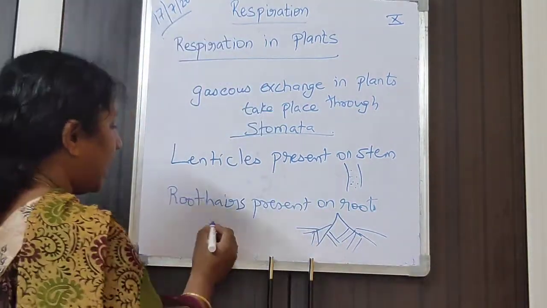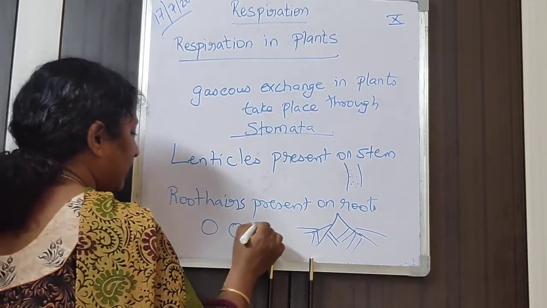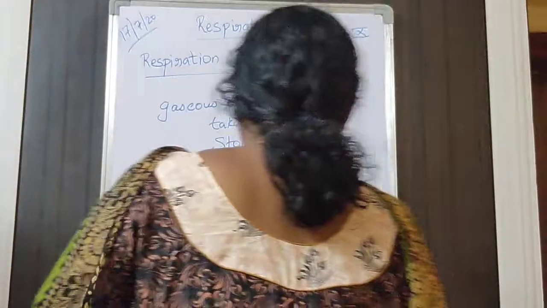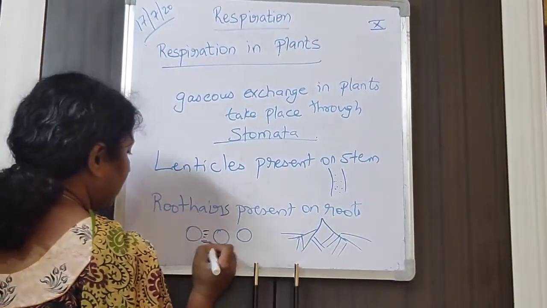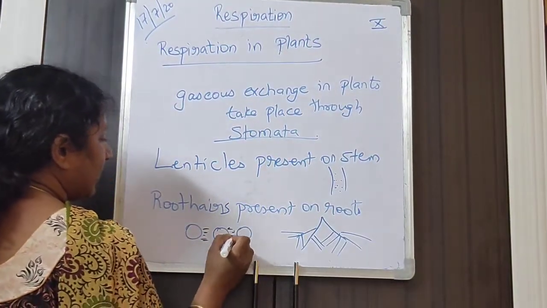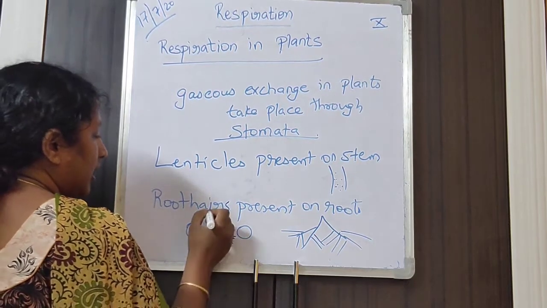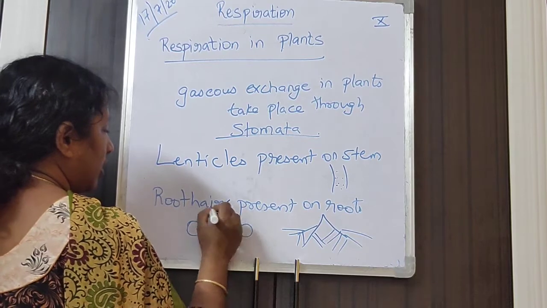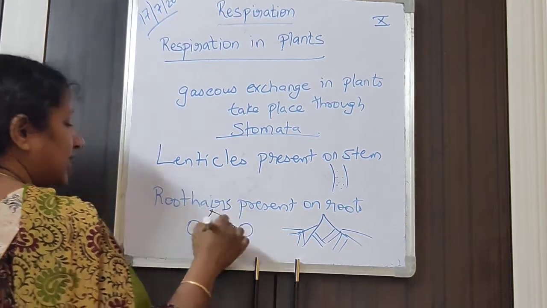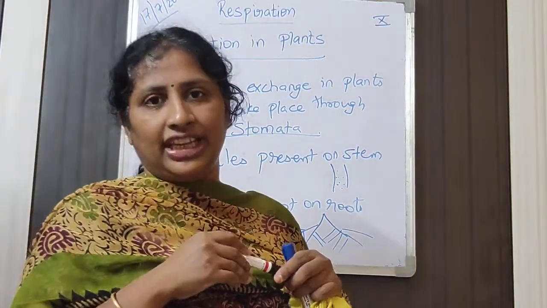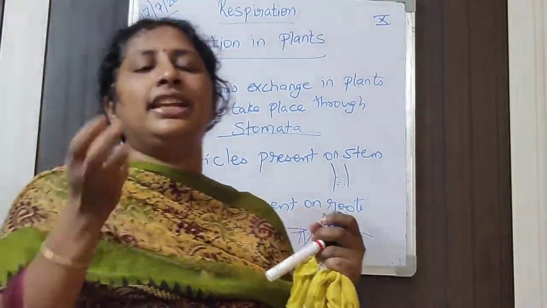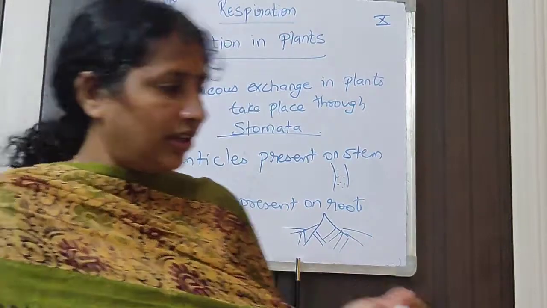The air will be present between the soil particles. So this is our soil particles. The root hairs will absorb this air present in between the soil particles and give the oxygen to the roots.